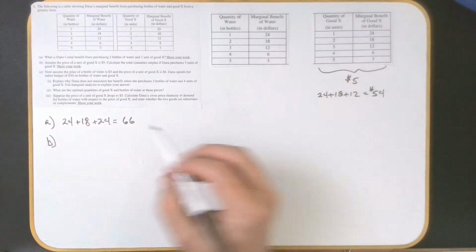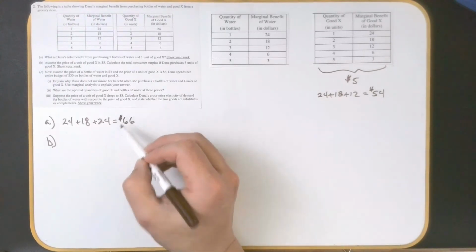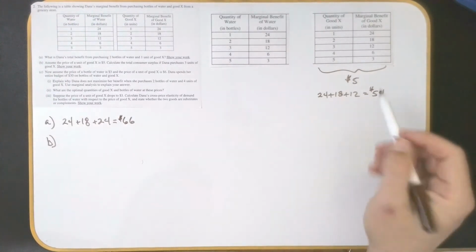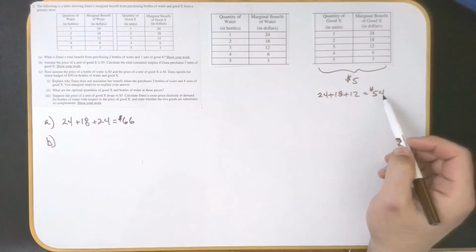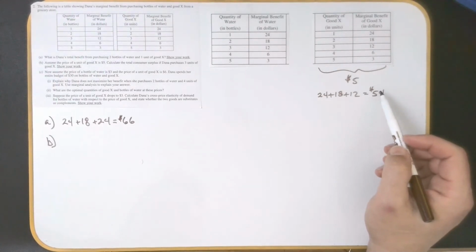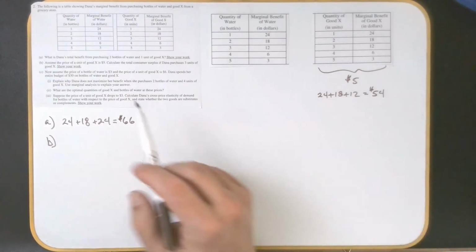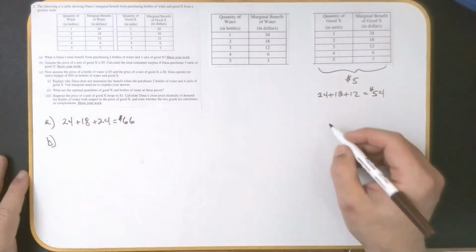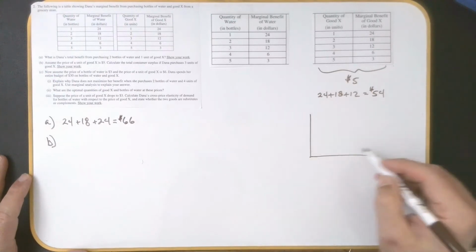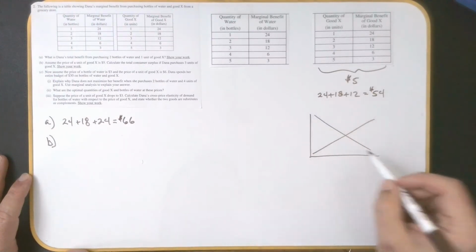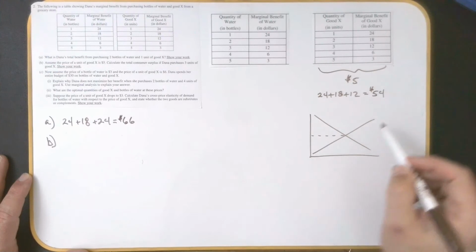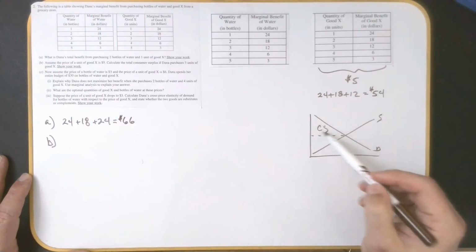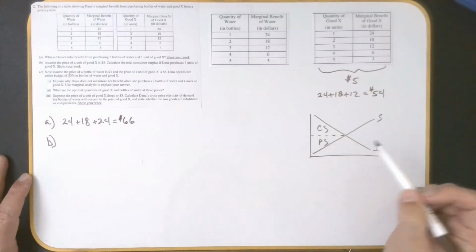Okay, which by the way, back over here, it probably wouldn't be a bad idea to put $66 there. Probably be fine either way. And so we have $54 of benefit. Now, it's really important you read carefully here. It says, assume the price is $5, calculate the total consumer surplus. When you hear consumer surplus, you want to be thinking back to supply and demand. What we're figuring out is this area right here. What is the consumer surplus versus the producer surplus?